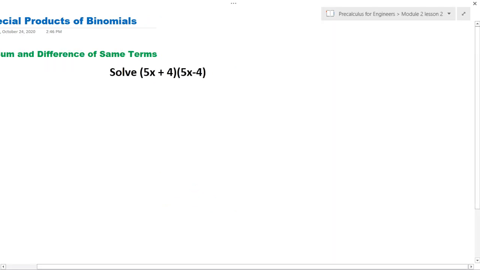How about we have 5x plus 4 times 5x minus 4. So, remember, x plus y times x minus y is equals to x squared minus y squared. So we let x would be 5x from the example here. Ito 5x.